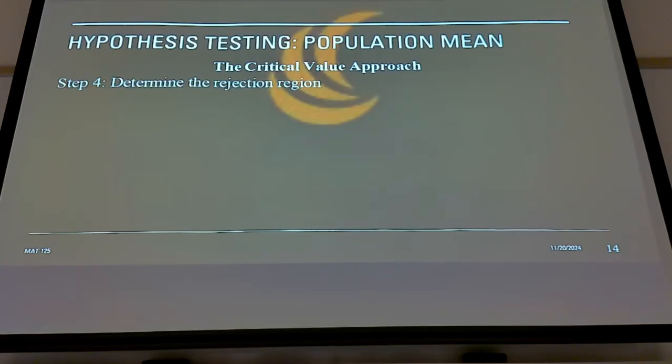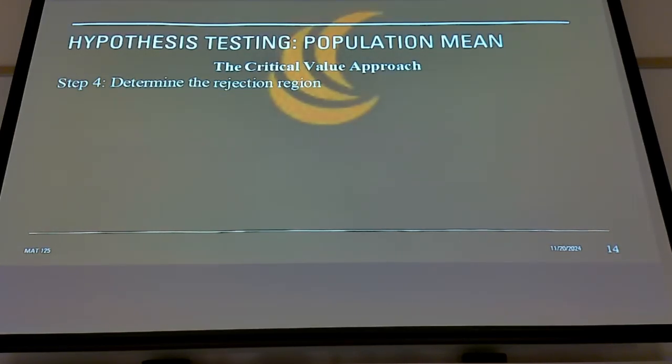At this point, you branch. Remember when we were doing confidence intervals for population mean? What were the two scenarios we had? Either we know the population standard deviation or we don't. It's sigma. Right?